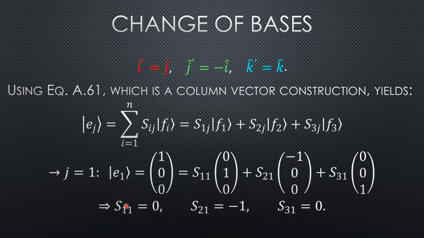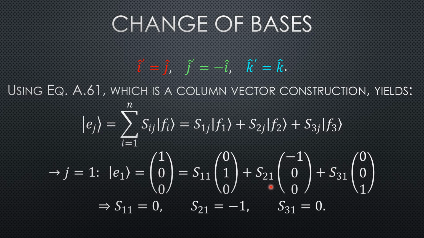What we see here is that this needs to contribute 0 because we don't have any contributions there, and this isn't going to contribute to constructing 1. So the only way that this can contribute is by a 0 scalar. Similarly, for this one, to undo this negative 1, we have to multiply by negative 1, and that's how we get a positive 1 here, while maintaining 0, 0 here.